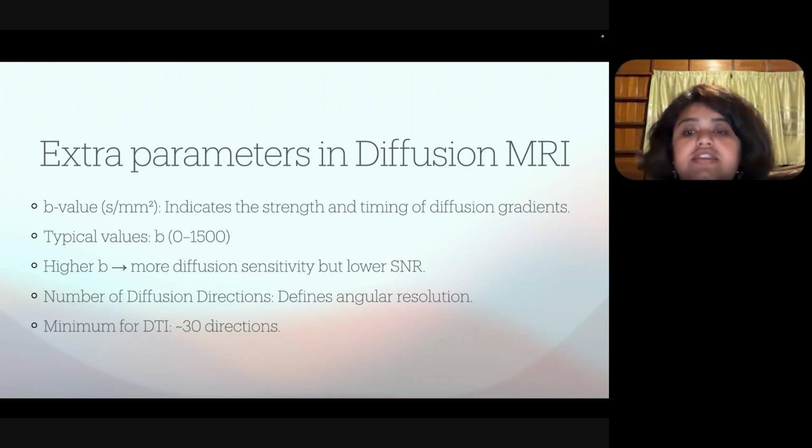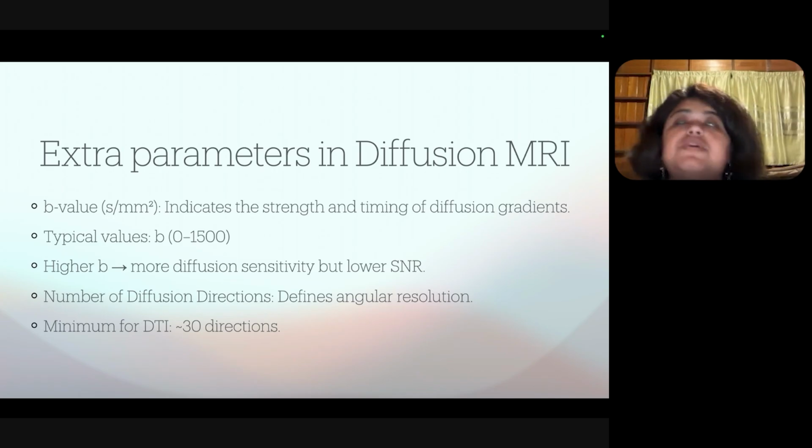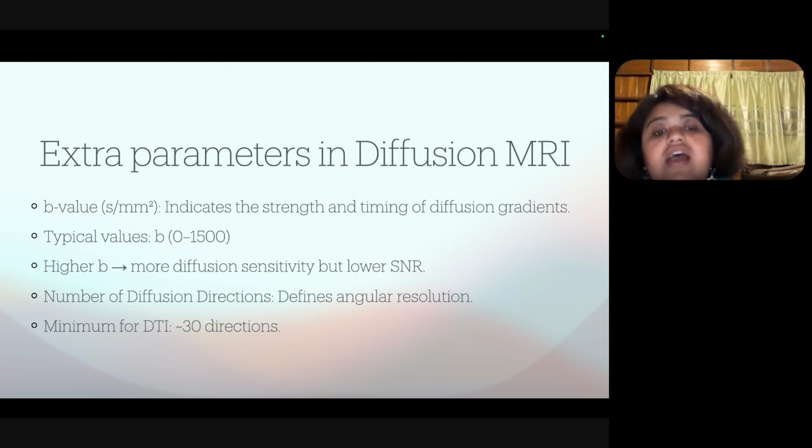So it basically defines in which directions you are studying the flow of the water molecules. Usually in normal diffusion MRI, we keep it between 30 to 60, but sometimes in very strong MRI machines like 7 Tesla and 14 Tesla, they can go up to 100 to 200 directions. It's not always good for data.